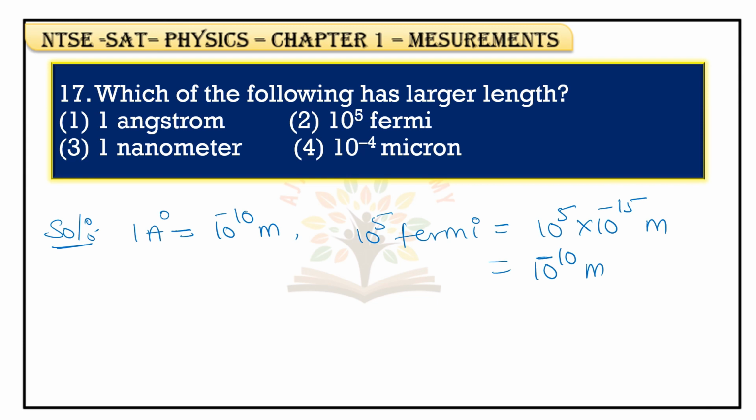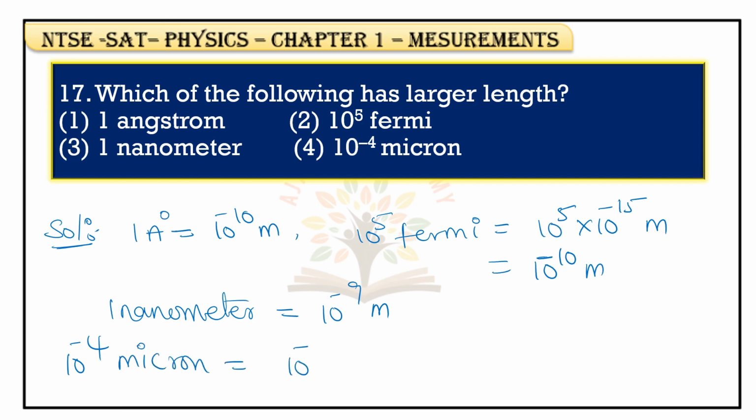And the next, third option is 1 nanometer, that is 1 nanometer is equal to 10 to the power of minus 9 meters, and next one, 10 to the power of minus 4 micron is equal to 10 to the power of minus 4 into 10 to the power of minus 6 meters.